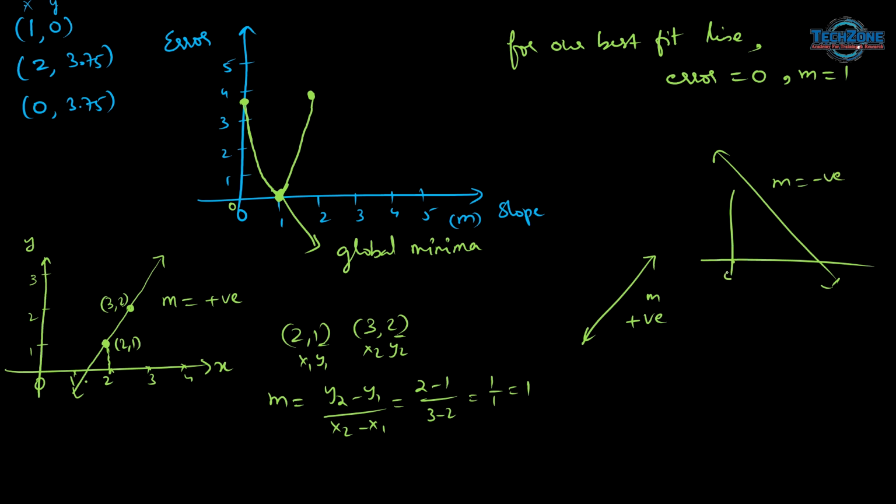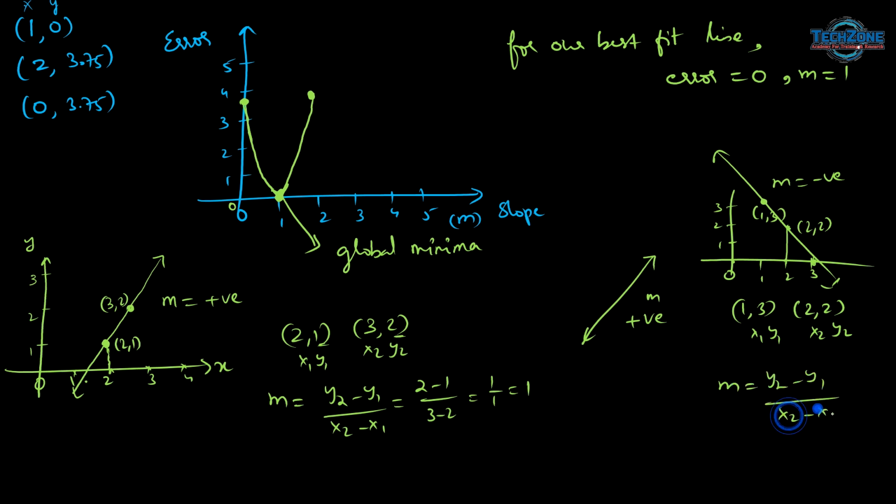You can again take random numbers, 1, 2 and 3, right? So let this point be (1, 3) and let this point be (2, 2). So x1, y1, x2, y2. Slope formula: (y2 minus y1) by (x2 minus x1).